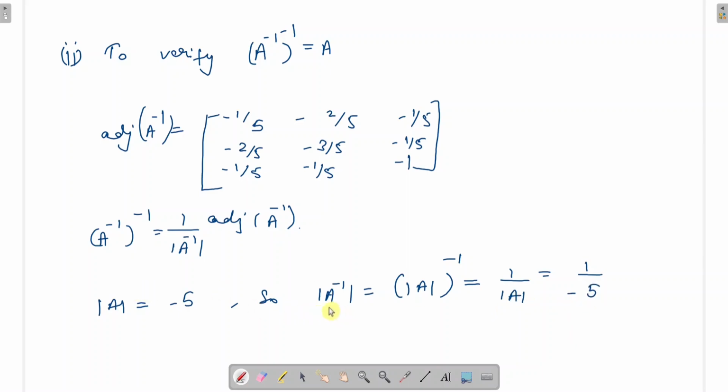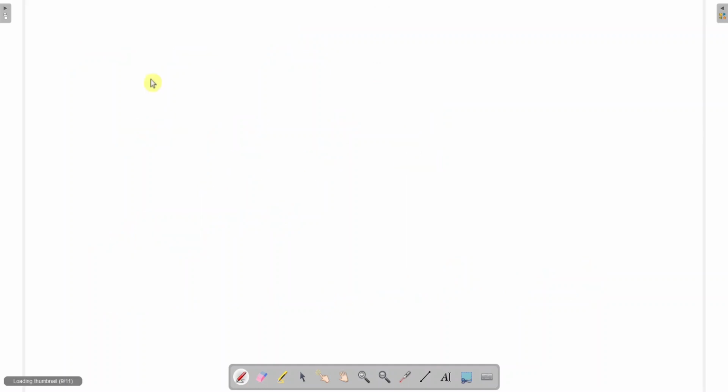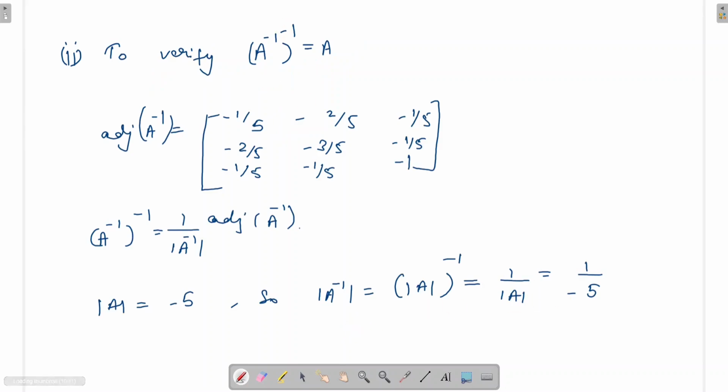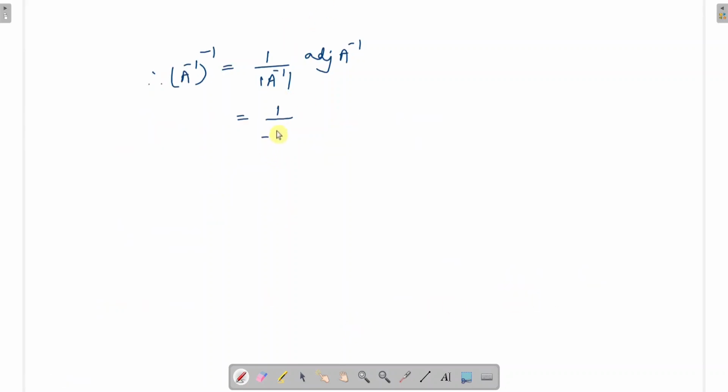So this is the determinant of A inverse. Therefore, A inverse of inverse is equal to 1 by determinant of A inverse times adjoint of A inverse. So 1 by determinant of A inverse is minus 5, so here minus 5 times adjoint of A inverse.